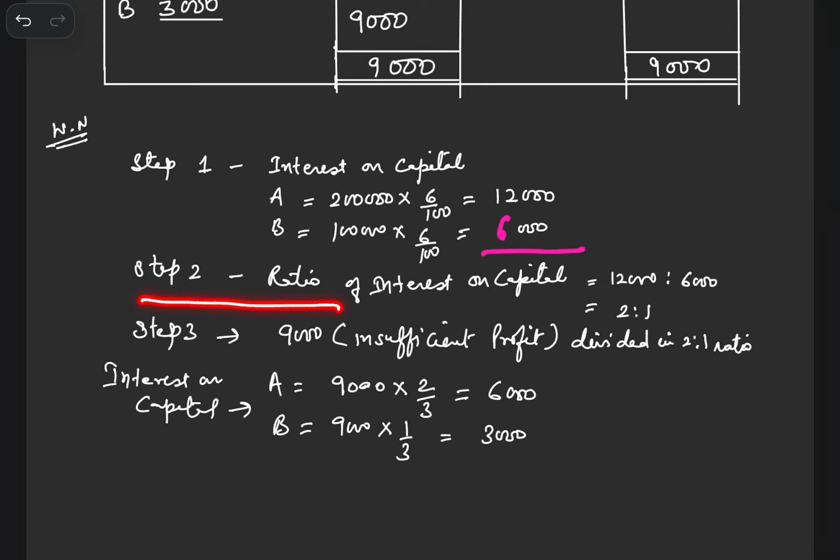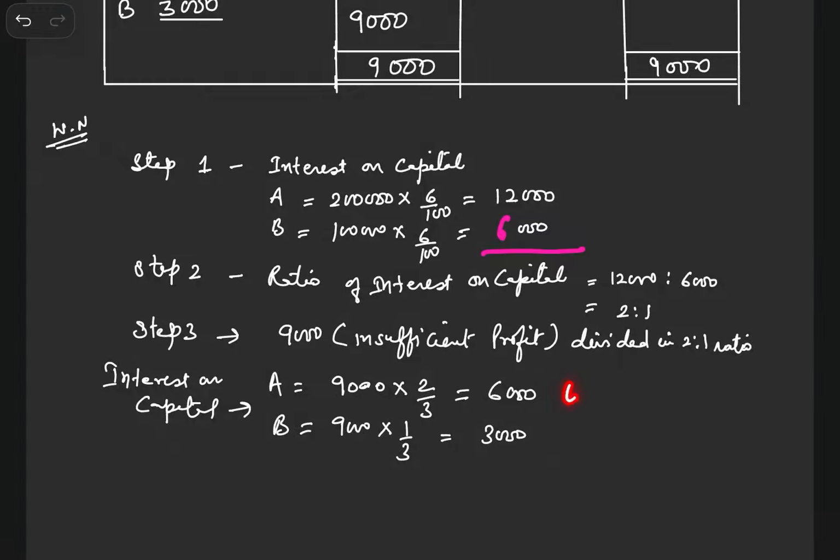Right? Now see, after this, in the step 2, we have to calculate the ratio between the interest on capital of both the partners. That is 12,000 and 6,000. That comes out to be 2:1. In this 2:1, the insufficient profit, that is step number 3, 9,000 profits are given.